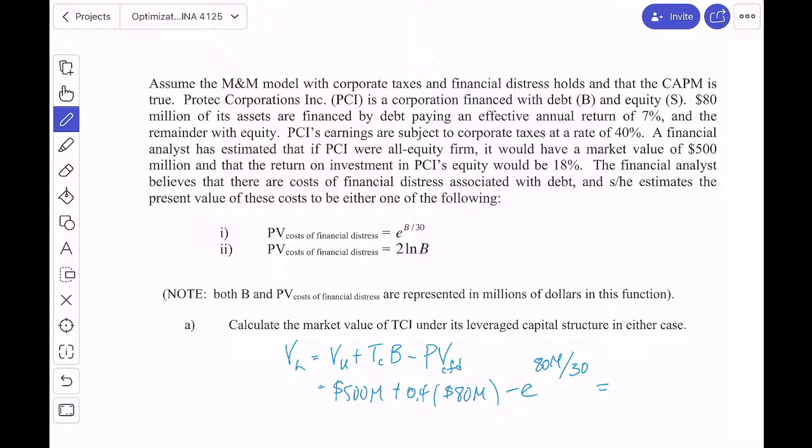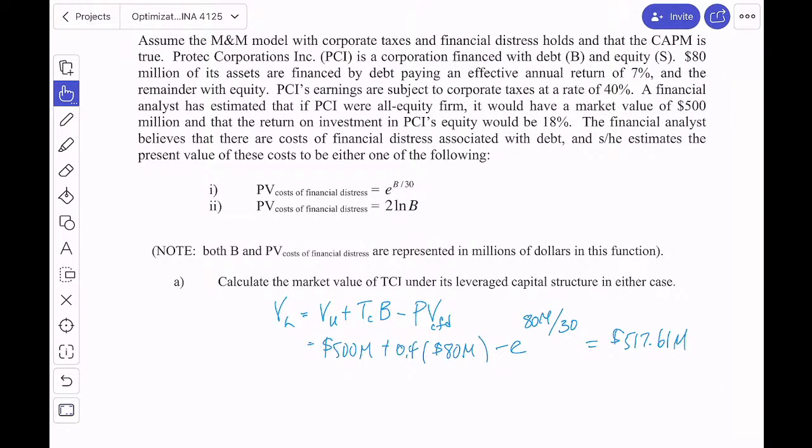You should get 517 million, 517.61. Questions? So that's the current market value.